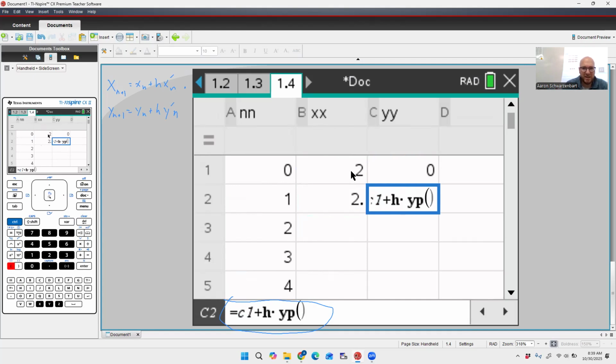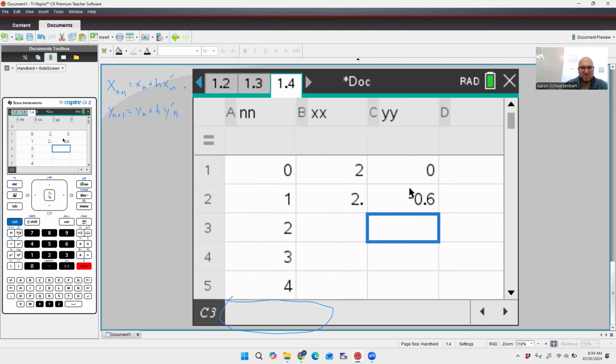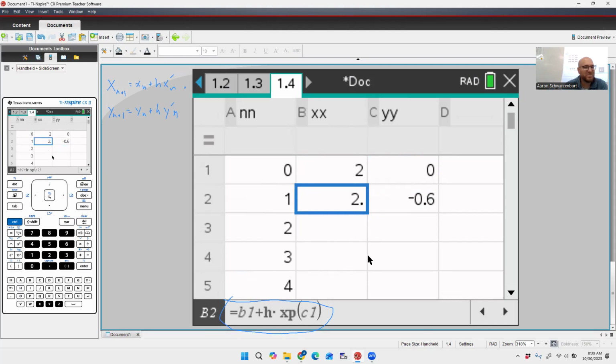But I have to do x1, comma, that one. So if you need to see it. Does this make sense?